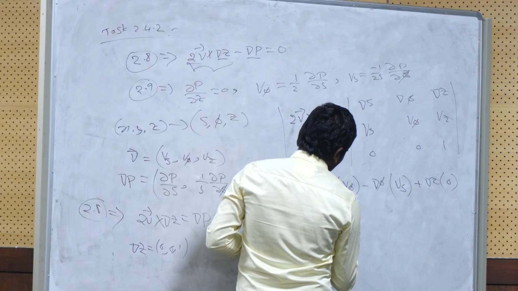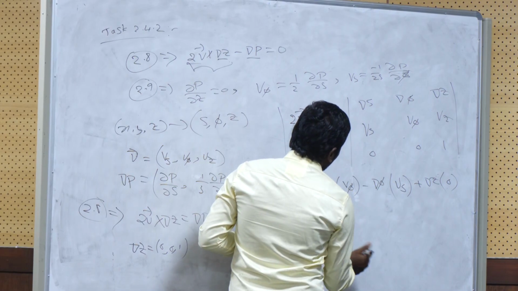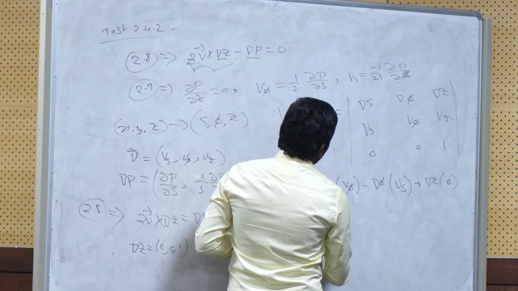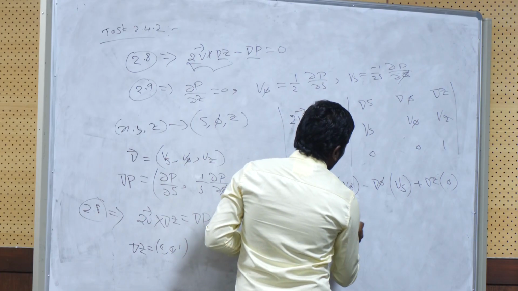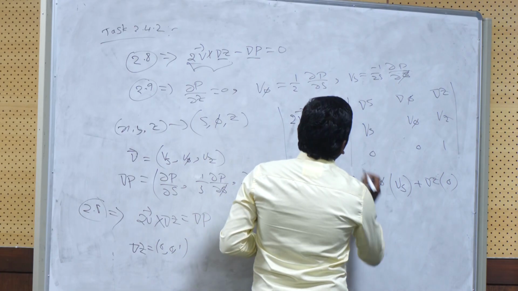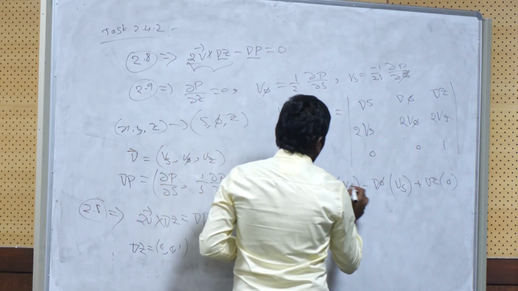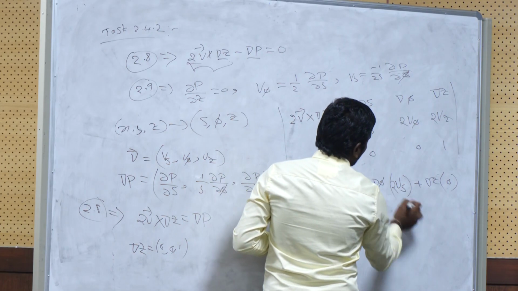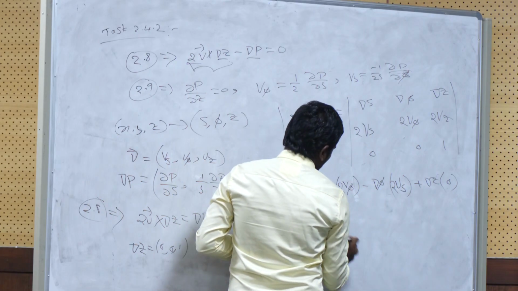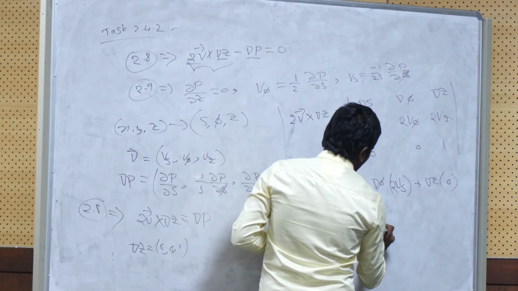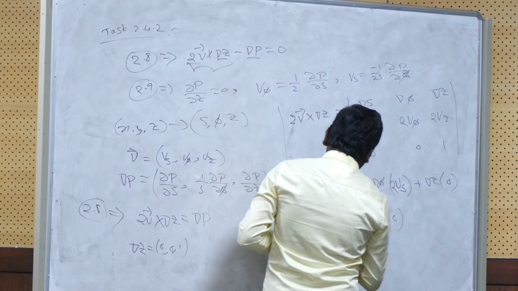So we are left with 2 multiplied by v phi, minus 2vs, comma, 0.